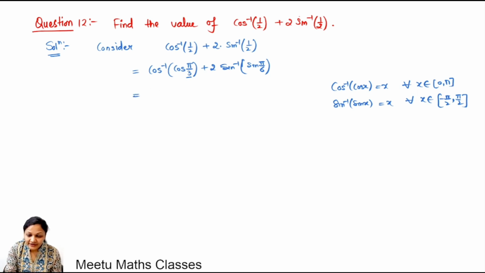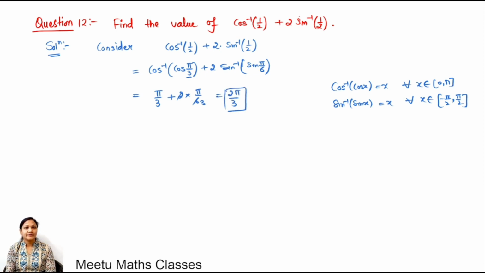So we can write this cos inverse of cos pi by 3 as pi by 3 only, plus 2 times sine inverse of sin pi by 6, since pi by 6 also lies between minus pi by 2 to pi by 2. So we can write this as pi by 6. And this will become pi by 3 plus pi by 3, that is 2 pi by 3. So this is the required value of this expression.